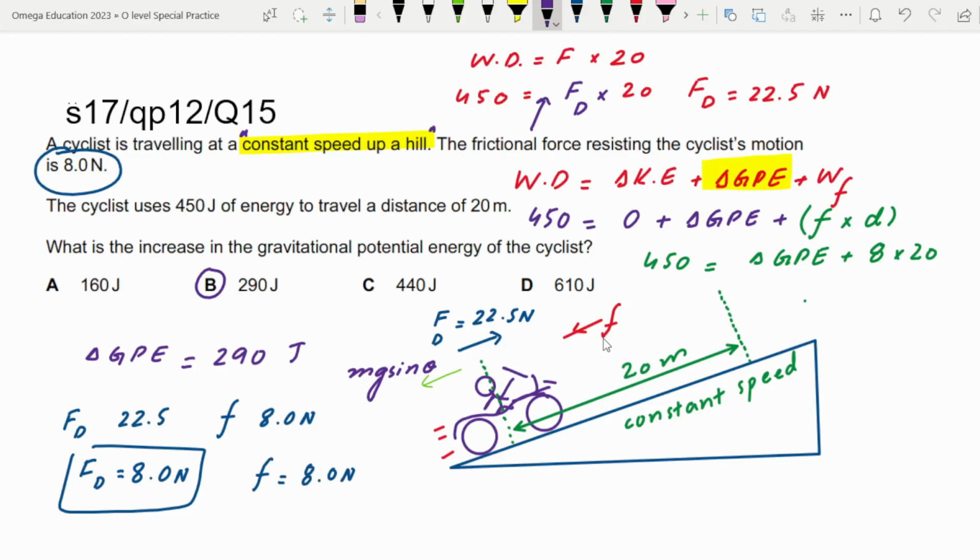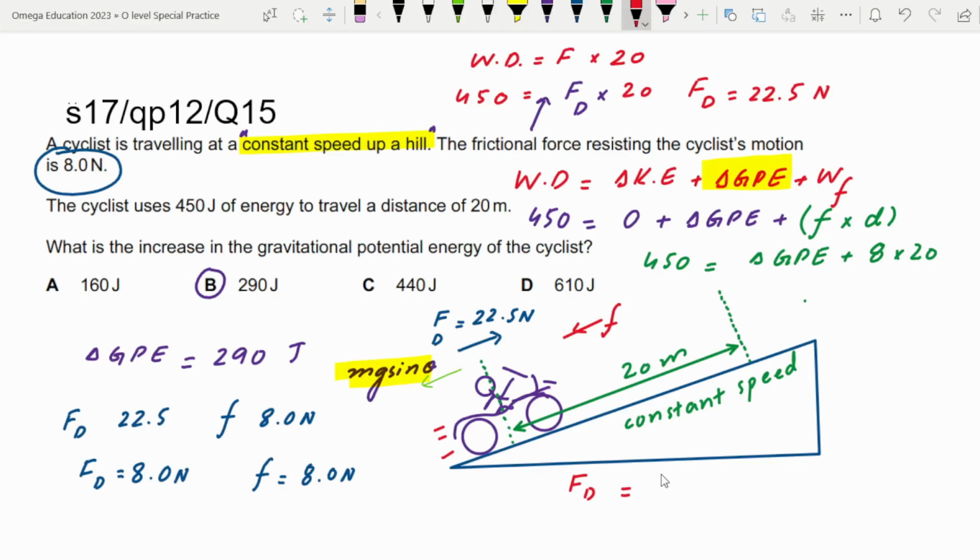Then let me ask you the next question. Can you find me the value of mg sine theta, the collective value of mg sine theta? Write the expression like this: forward force Ft equals the sum of backward forces, and the backward forces are two, which is mg sine theta and F. Yes.